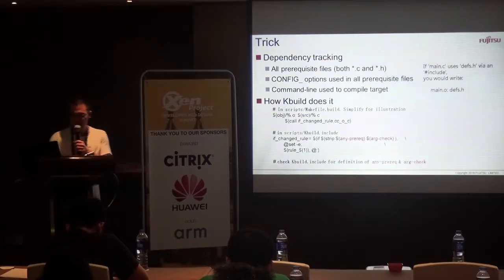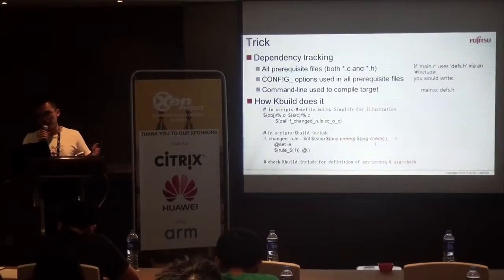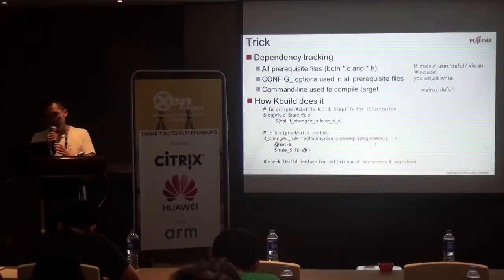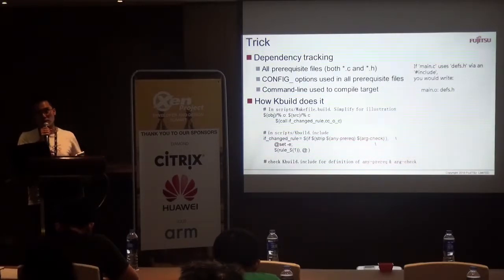Another thing I think is worth mentioning is dependency tracking. Linux kernel Kbuild tracks several dependencies. The first one is the most common one, which I call the inter-file dependency. The second one is the configuration dependency, which I already mentioned a little in the previous slides.